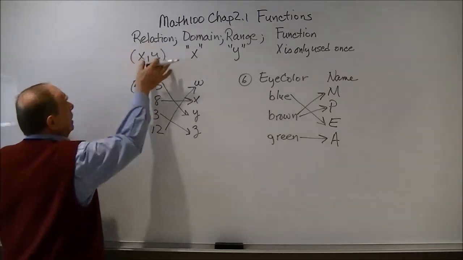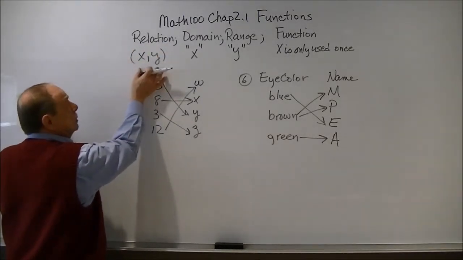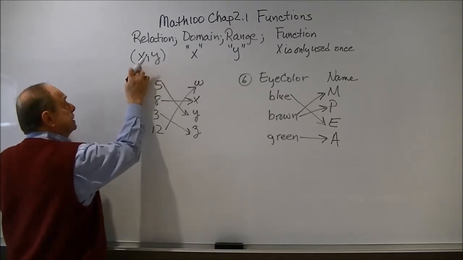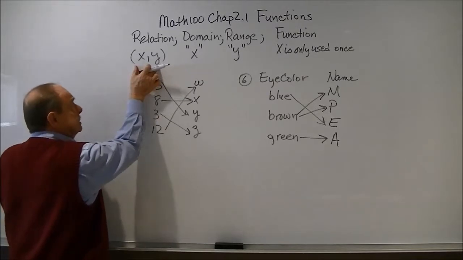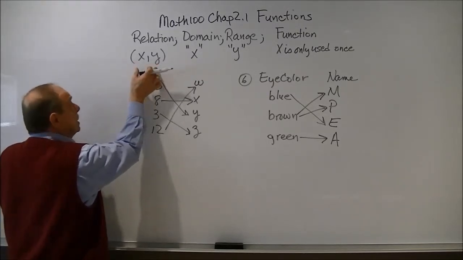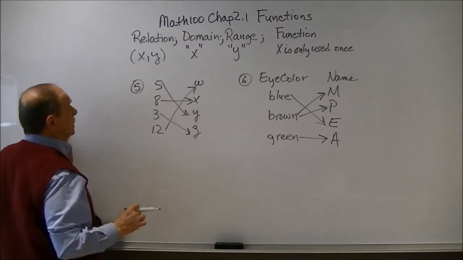And coming from Chapter 1 into Chapter 2, let's look first at the word relation. What I have written under the word relation is an ordered pair, x, y. And you know these items, these numbers, whatever they are, are related to each other.